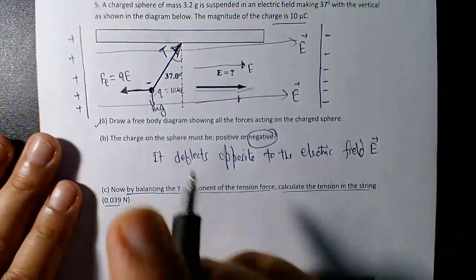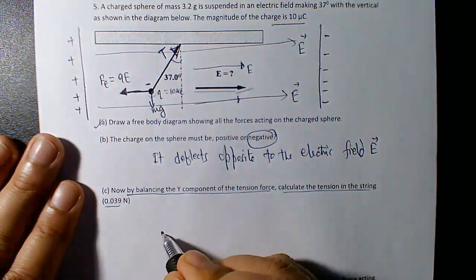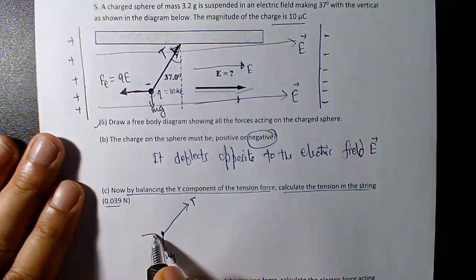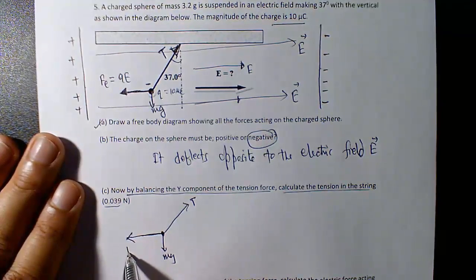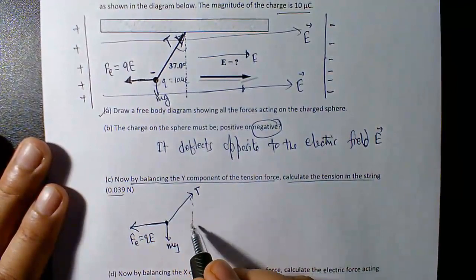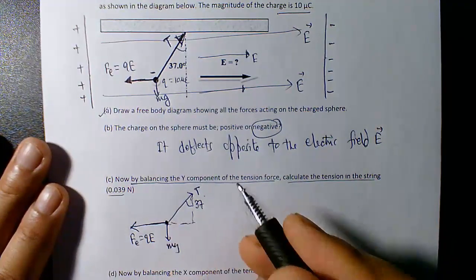Okay, tension in this. So back to the problem. Let me draw the free body diagram again. Tension force, this is mg, and this is your electrical force Fe, which is QE. The tension makes an angle of 37 degrees with the vertical, not with the horizontal.